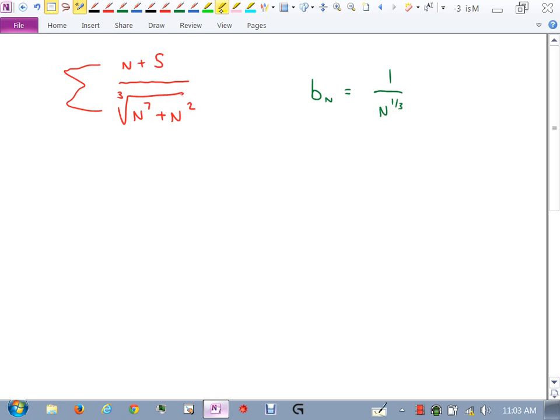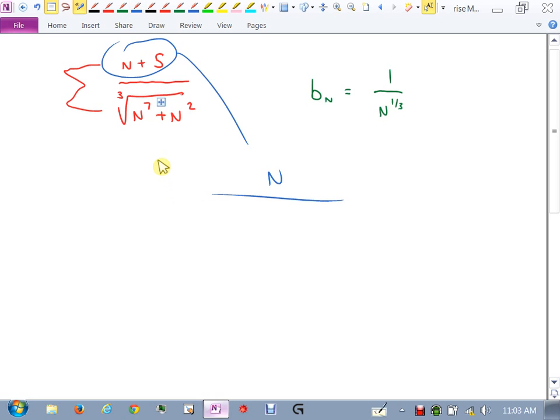So if n gets really, really, really big, this numerator is really just acting like n. It's not acting like n plus 5, because plus 5 isn't going to matter when it's huge, right? The plus 5 is just insignificant if that number is ginormous, for lack of a better word. So the numerator here is behaving like n behaves.